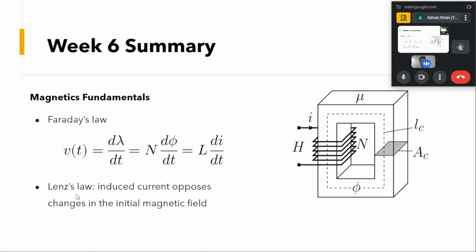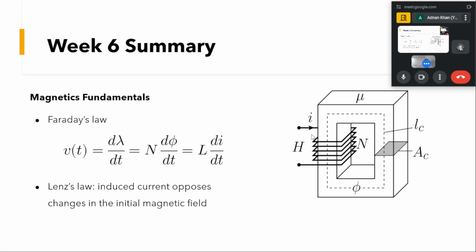That is Lenz's law: the induced current will oppose the change in the initial magnetic field. The EMF generated will oppose the cause that is causing the generation of this EMF in the first place.